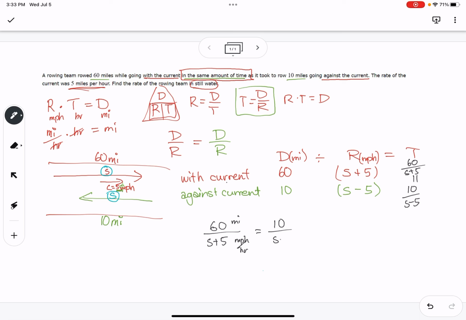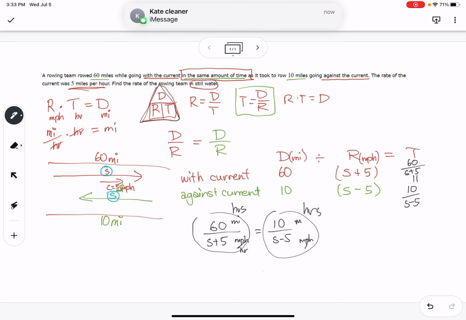Like this is one way to represent it: miles over miles per hour. And again, dividing by a fraction is going to result in multiplying by the reciprocal, and so you get hours. Both of these are in hours. And that's coming back to this situation.